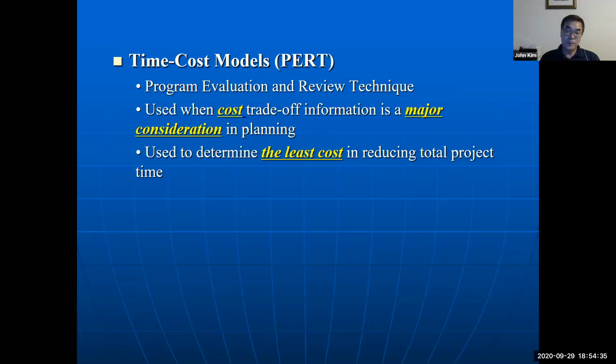And then if we use more resource or machine or workers, then we may shorten the activity times and then project time, but we need more cost. So use more resource, make it shorter.